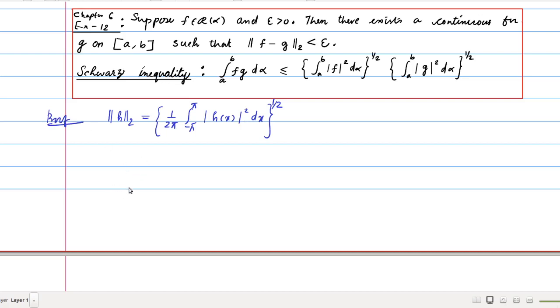Now we start with an epsilon. Let epsilon greater than 0 be given. We are given that f belongs to the Riemann integrable functions, and f(π) is equal to f(−π) because it is a 2π periodic function.